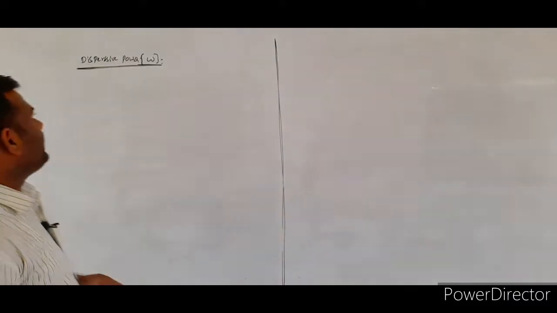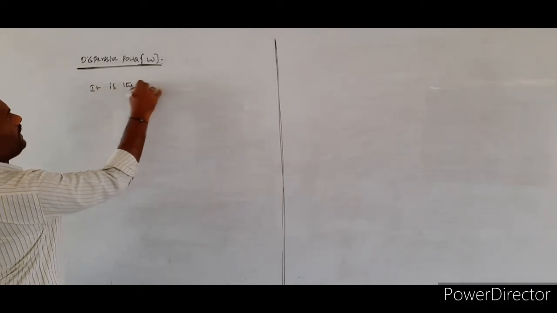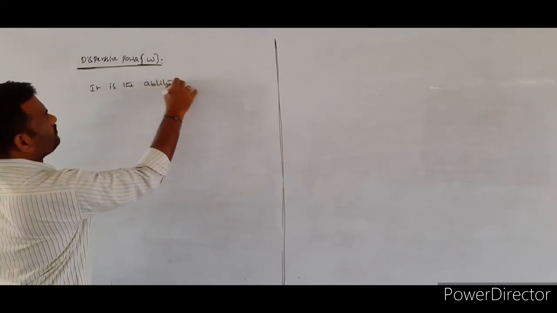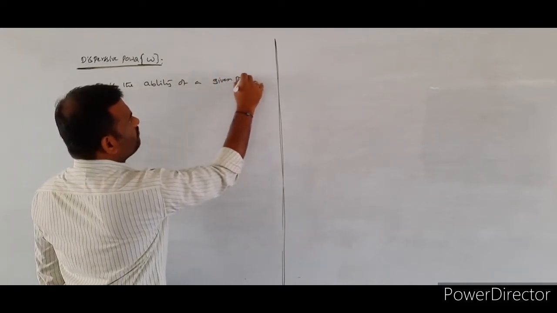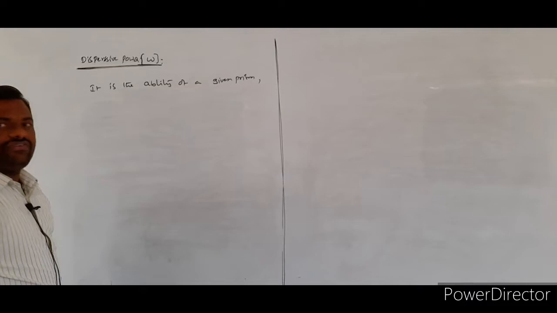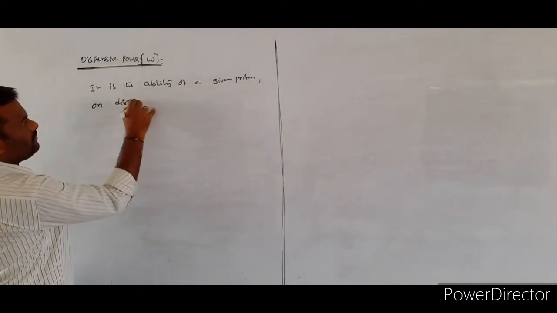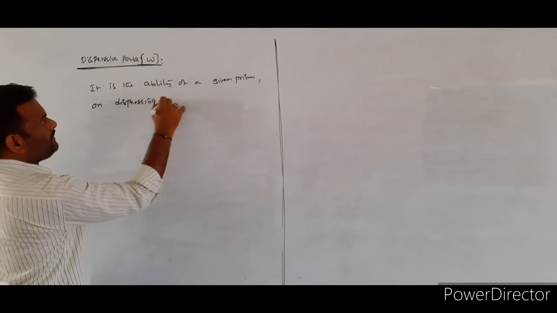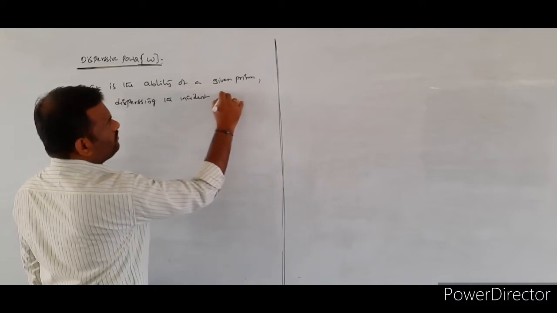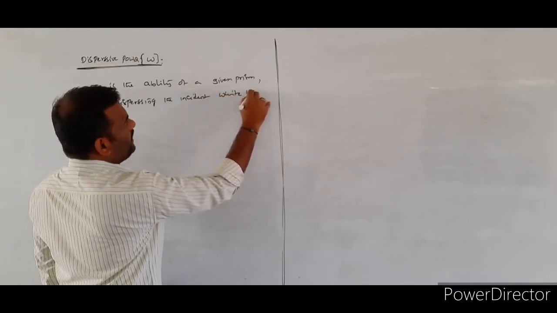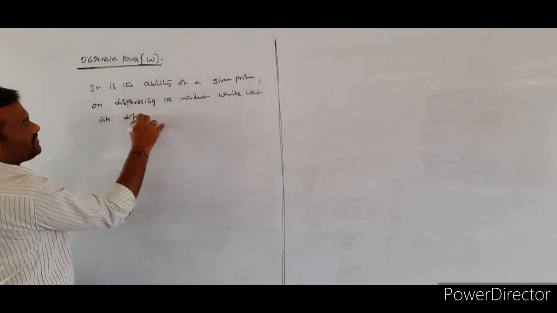So how can we define the dispersive power? It is the ability of a given prism in dispersing the incident white light into different colors.